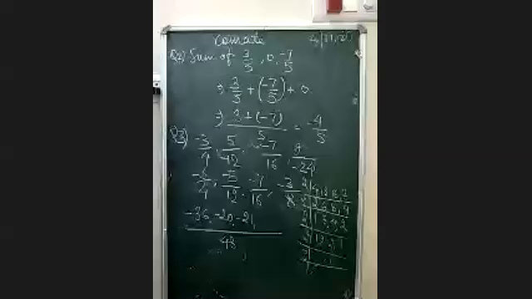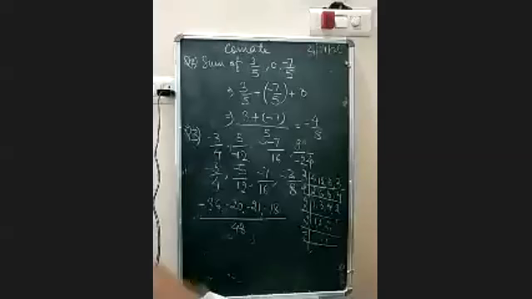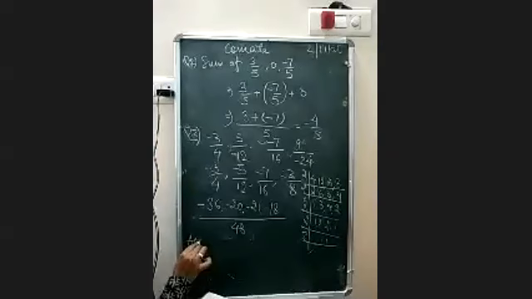Now arrange them into ascending and descending. If you know the integers chapter, you will arrange them in ascending and descending order in a very proper way. So how will we do that? Start. First we are talking about ascending order. In ascending order, first we will get the smallest number.